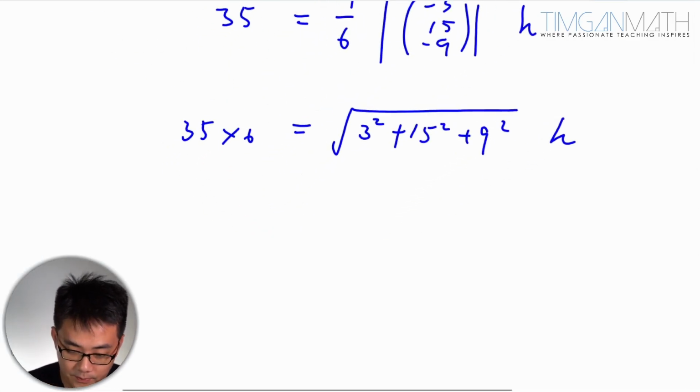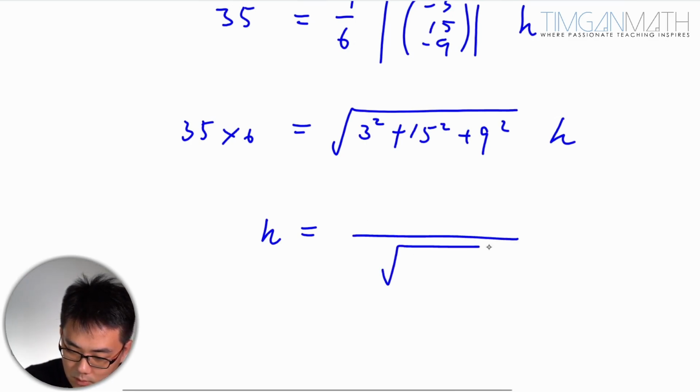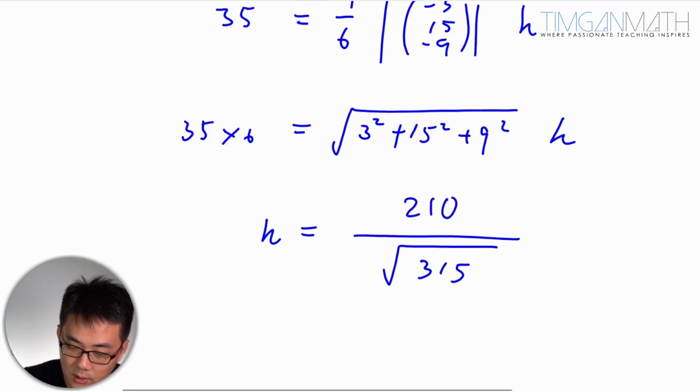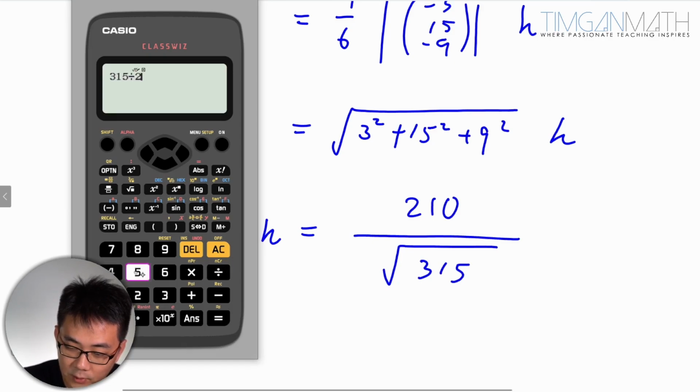Then that will be the height. Okay, I'm gonna do this. 35 times 6, which is 210. 315 divided by 25 and see. Okay, no. 36.